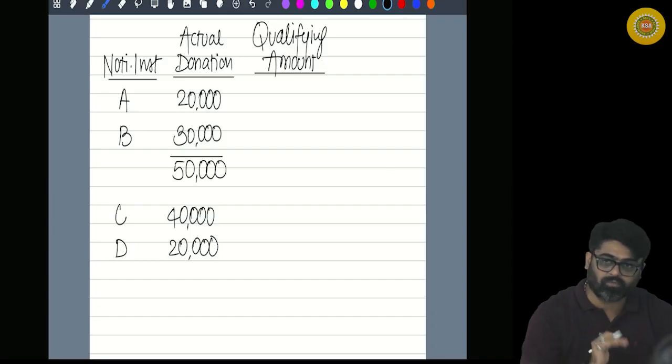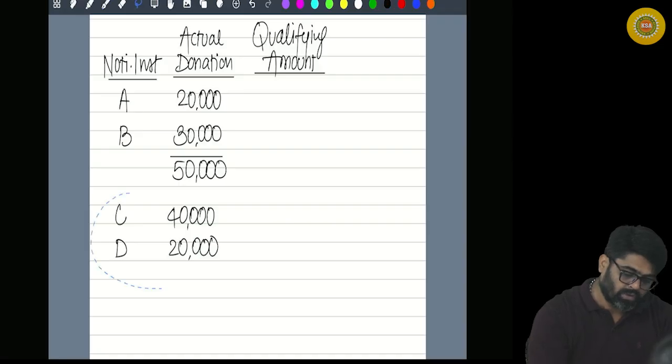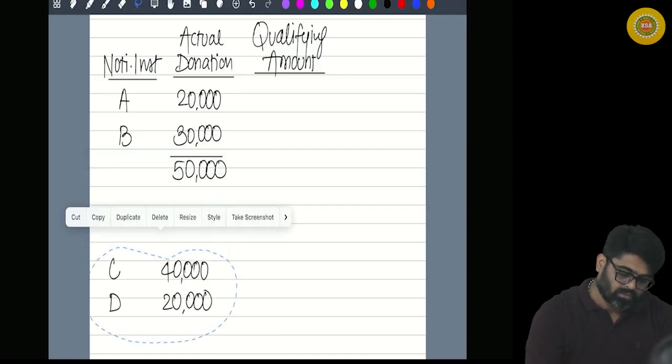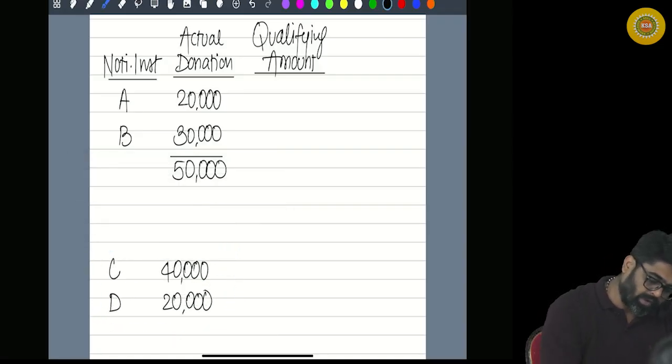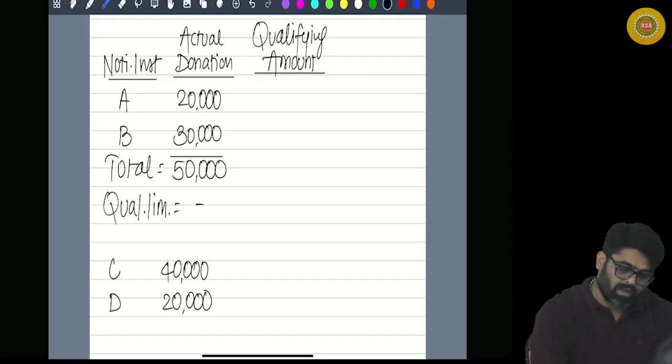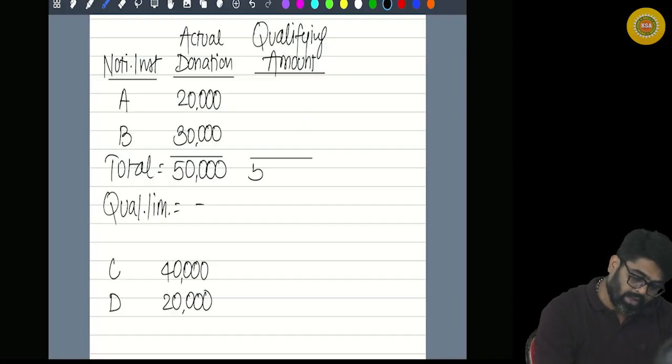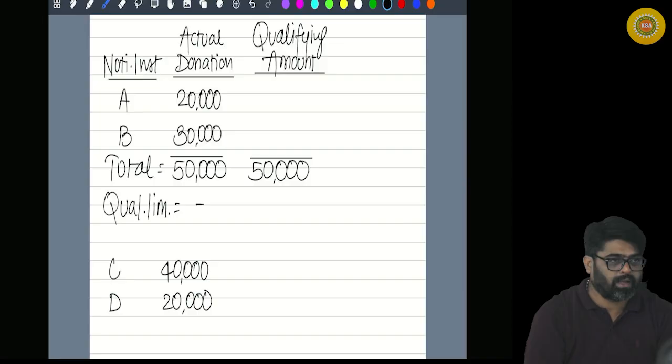Is there any qualifying limit for these 2 categories? This is the total. Is there any qualifying limit? No, not applicable, because the entire donation from category A and B will qualify.